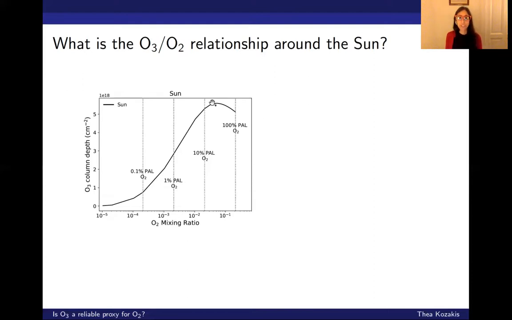And what's perhaps most interesting is this bump here, because you see that when there is a slight decrease in the amount of O2 in the atmosphere, you actually get a bit of an increase in the amount of ozone in the atmosphere, which at first definitely seems counterintuitive.